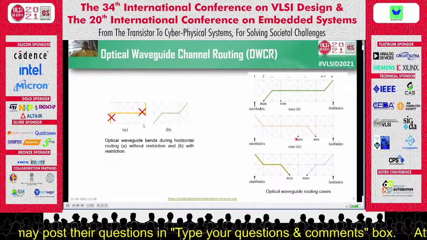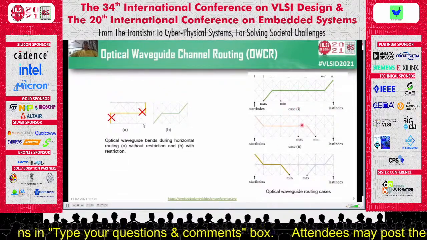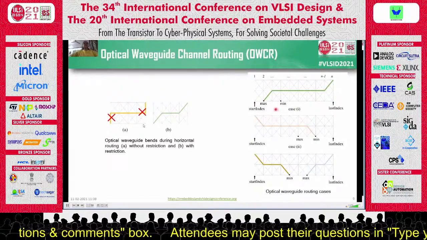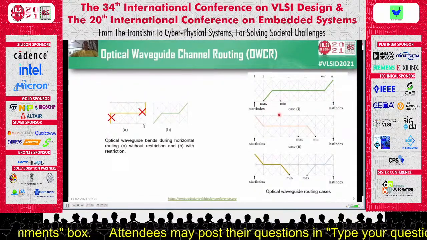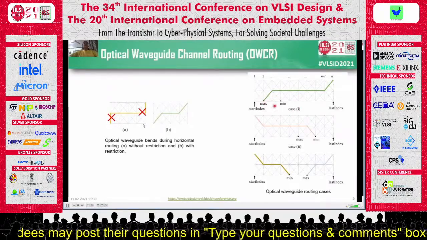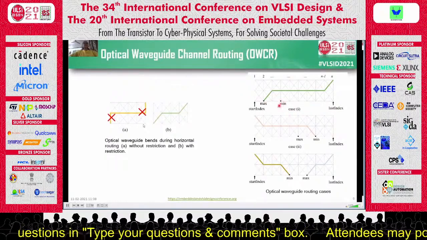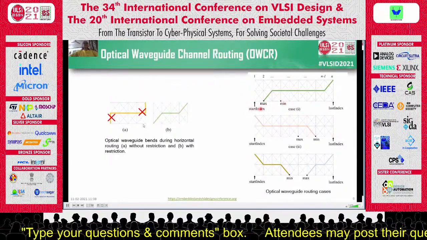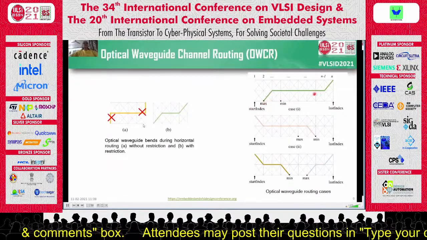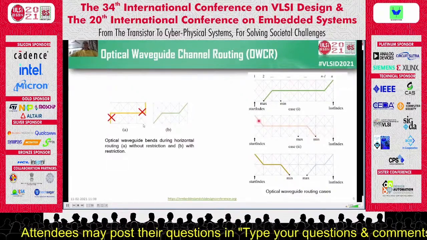Here are the different routing cases in the proposed work. In the first 2 cases, max is less than min, and there only one waveguide can be routed along a track. If the max position waveguide is far from the last index as compared to the min position waveguide from its start index, then the max position waveguide will be routed to the right-hand side. Otherwise, the min position waveguide will move to the left-hand side.